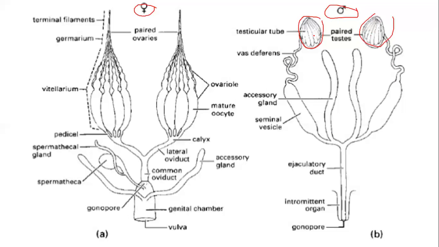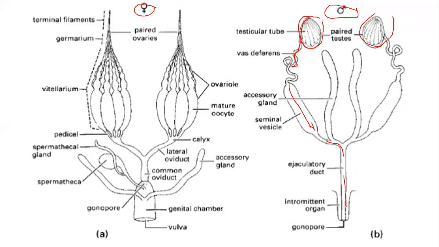With the vas efferentia, they come down and form the vas deferens. This vas deferens comes in contact with the seminal vesicle. The seminal vesicle joins the ejaculatory duct with the help of accessory glands.